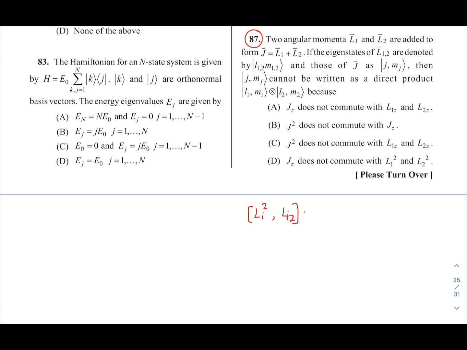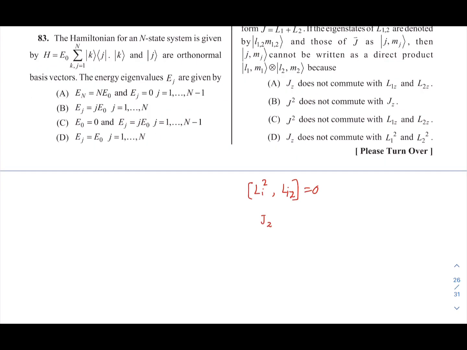So let us now find whether Jz commutes with L1z or not. Since Jz is L1z plus L2z and L1z commutes with L2z, this is equal to 0. So this is not the correct answer.